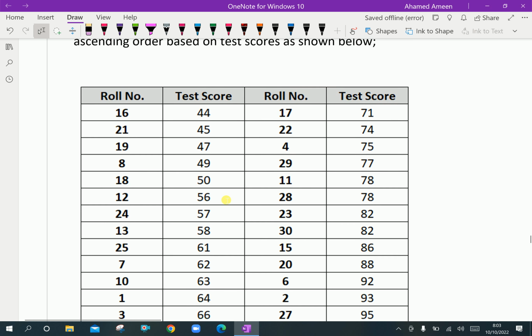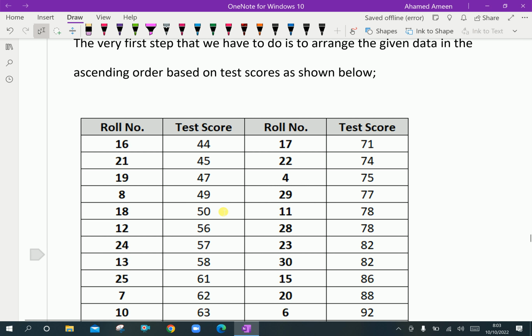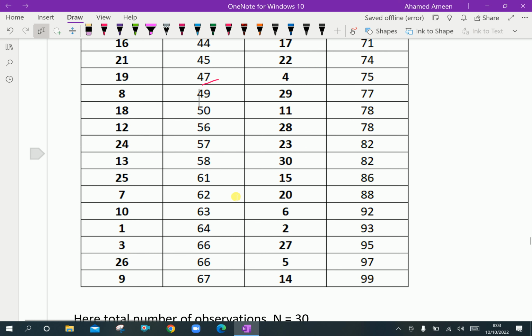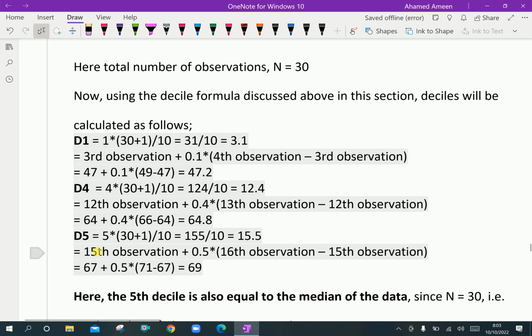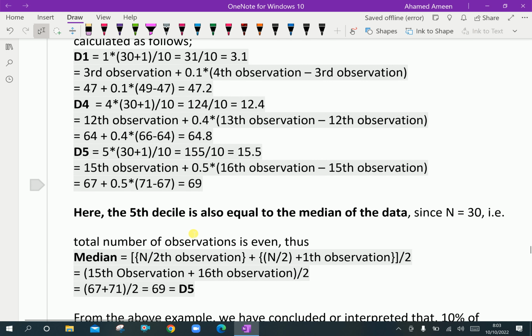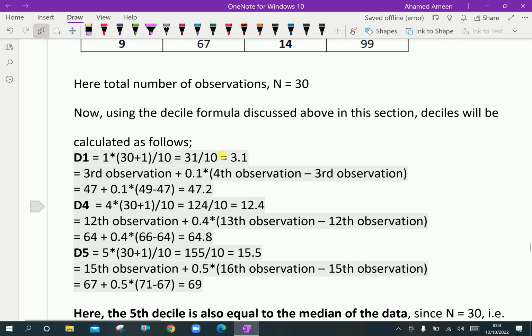The third observation is 47, so 47 plus 0.1 into (49 minus 47) is 47.2. Like this, we can calculate D4, D5 up to D9.